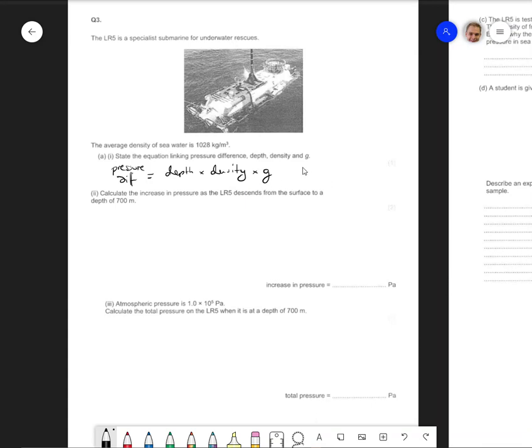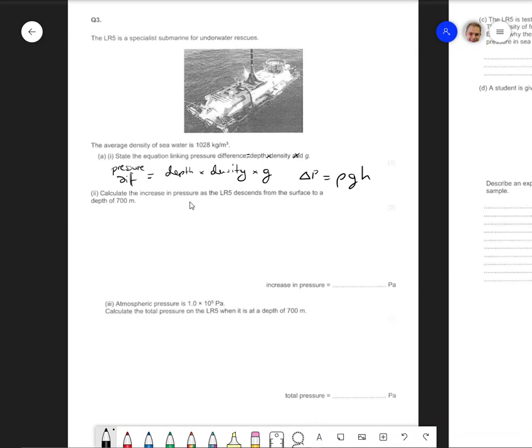As symbols, this is often written as delta P, so that means change in pressure, equals rho g h. That's how it's written, but that's fine. It's quite a nice way of doing this. They've literally just written the thing out. You just need to go equals that times that times that, and you end up with the equation.